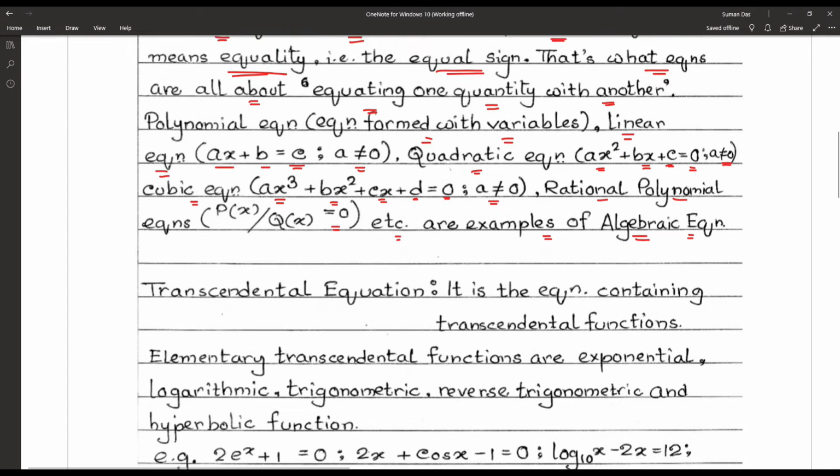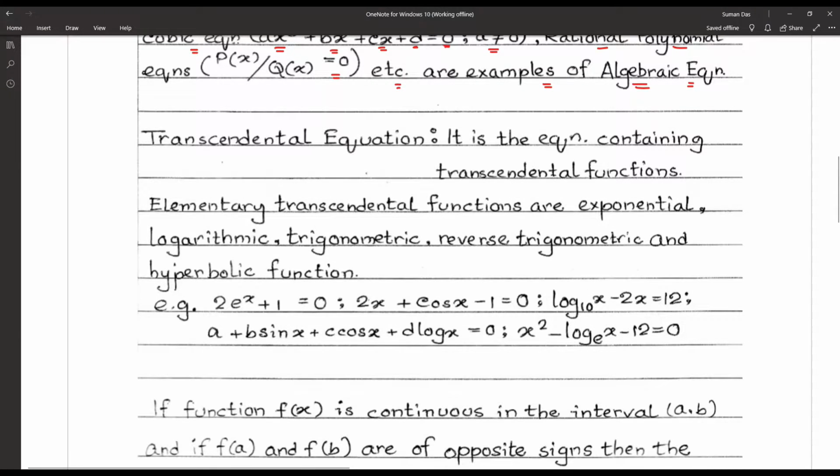The next type of equation is known as the transcendental equation, and that type of equation contains transcendental functions. The elementary transcendental functions are the exponential, logarithmic, trigonometric, inverse trigonometric and the hyperbolic functions.